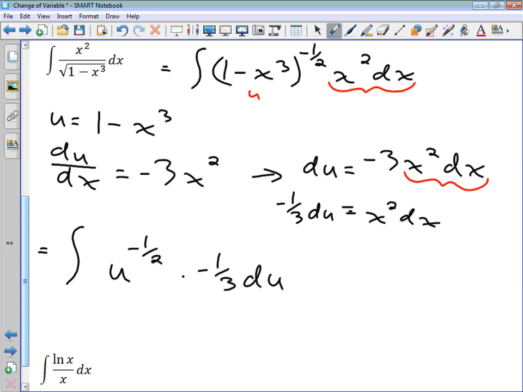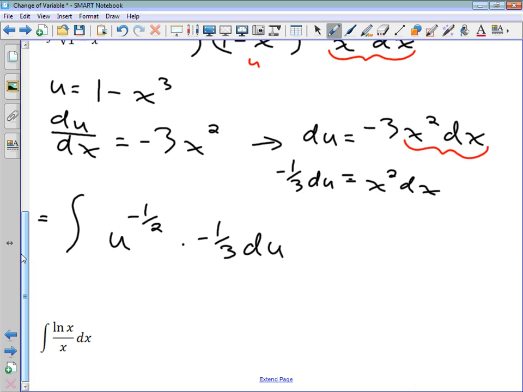So instead of integrating over x, we're integrating over u. How can we approach this integral here? Well, the negative 1/3 we can just bring out front, and we can think of how we would do the integral of u to the negative 1/2.